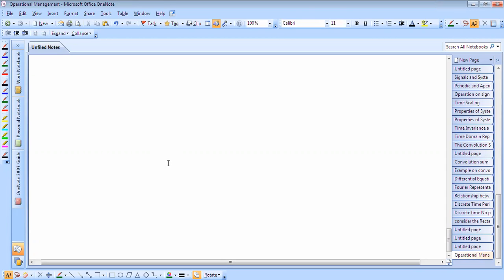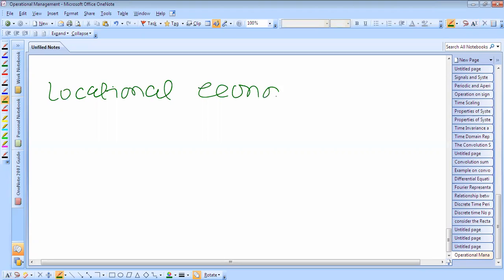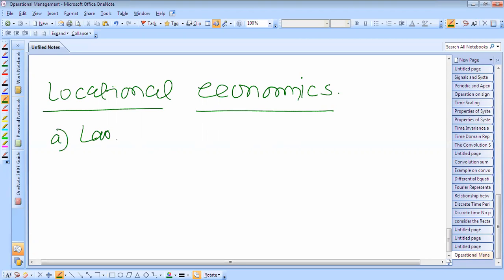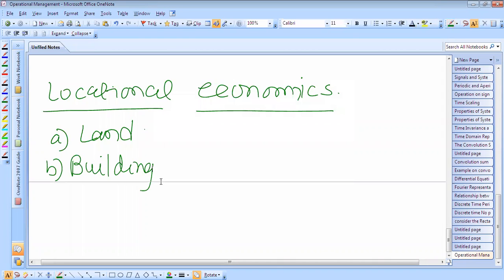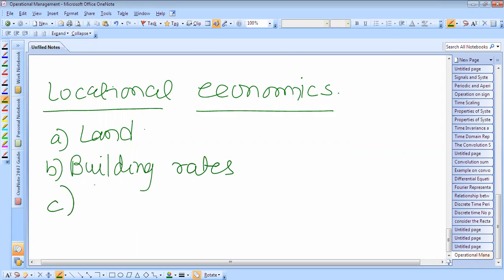So what are the various costs which decide the locational economics? The various costs which decide the locational economy are those of, first land, second the building rates, then the equipment and machinery.